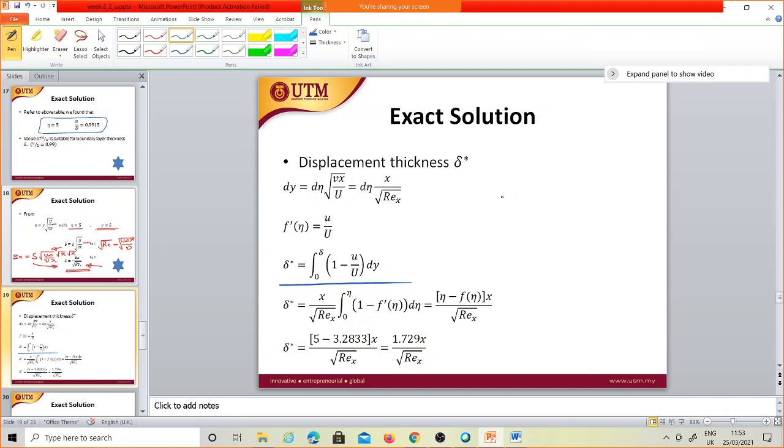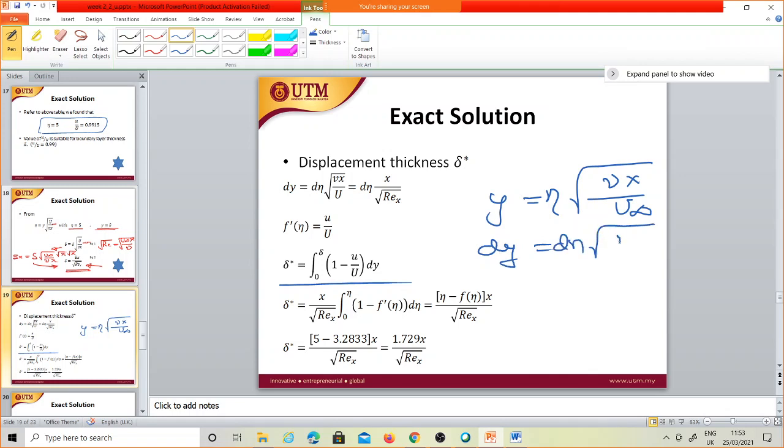But you know that y is actually eta times root over of mu x divided by u infinity. I just shuffled it, okay? We know that eta is equal to y divided by this, so y is like this. So dy should be d eta times root over of mu x by u infinity.